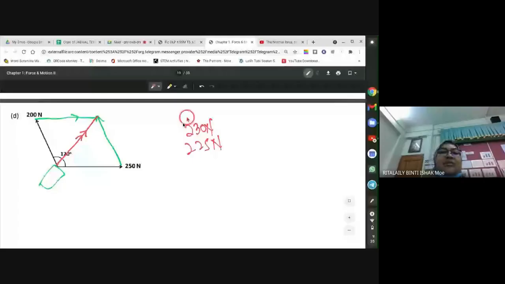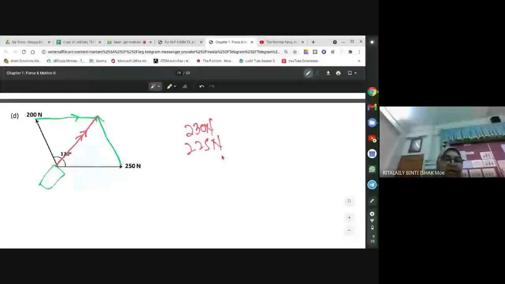Okay, so if you use this method, you should get an answer more or less like this, 230, 225 or 235. Because if we use a diagram scale of 1 cm is to 100 Newton, we get a small diagram. It's best for us to choose a smaller scale so we get a bigger diagram. The bigger the diagram, the more accurate our answer is.